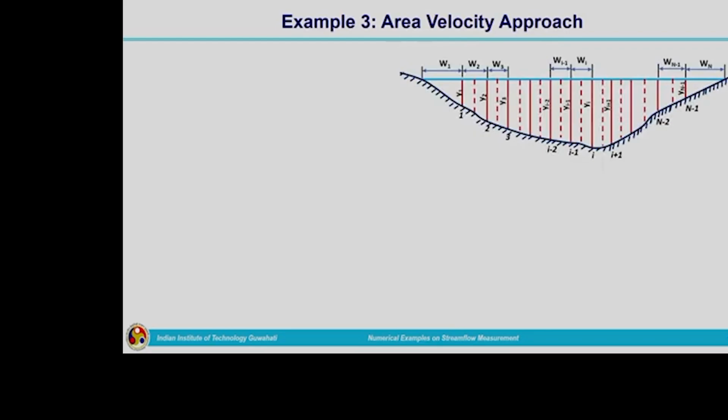So, let this be the cross sectional area of the stream. This cross sectional area we have already seen while discussing the concepts related to the area velocity method. The same approach we are going to make use of here. One thing you need to keep in mind is that while computing the areas, we were computing one average width.